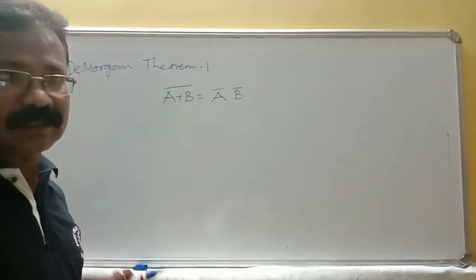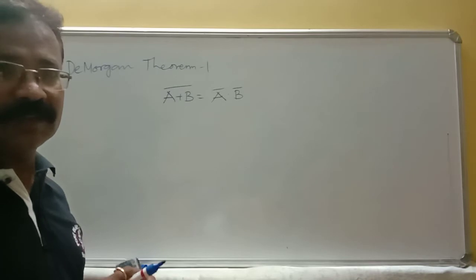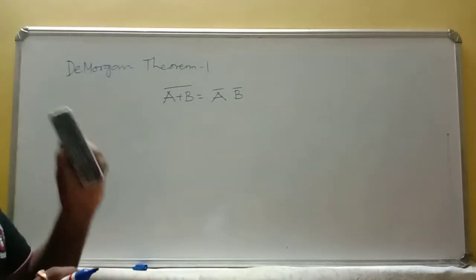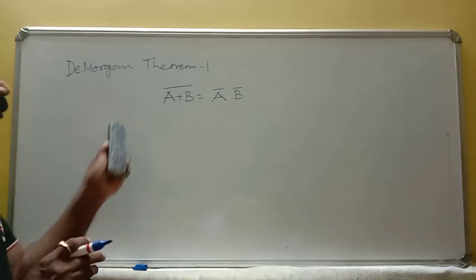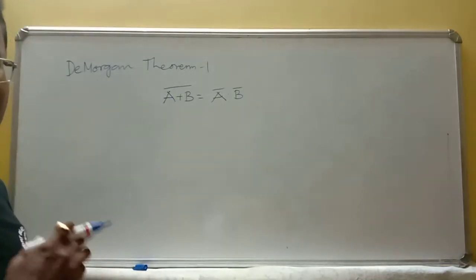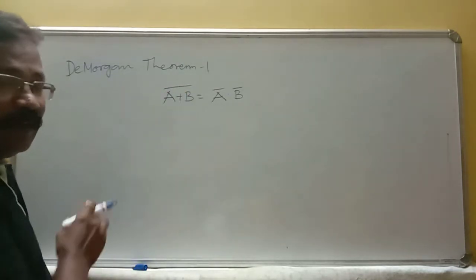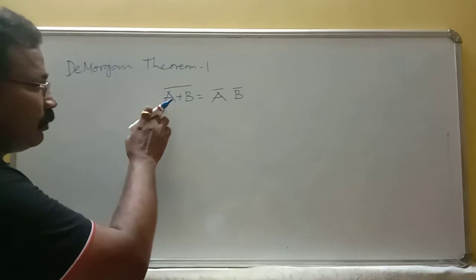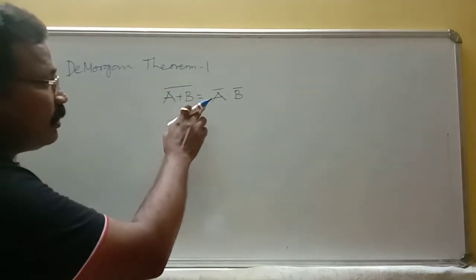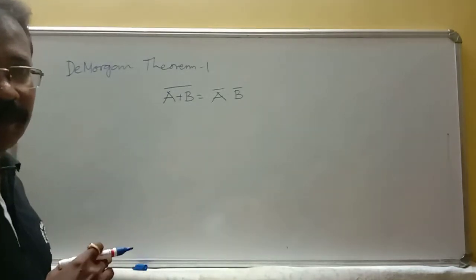How can we define this? Theorem 1, De Morgan theorem 1: for any two variables a and b in Boolean algebra, the complement of the sum of two variables is equal to the product of their individual complements.